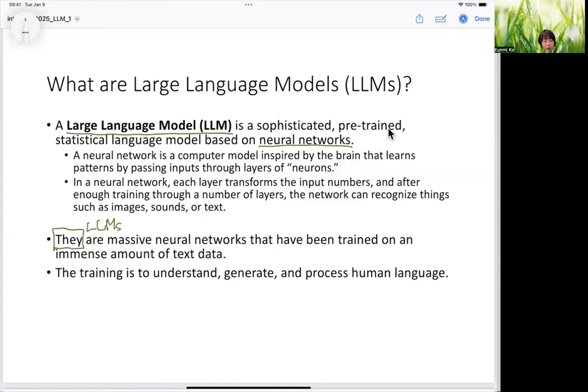We only took two numerical values in the example, but large language models take an immense amount of text data, and the training is to understand, generate, or process human language.